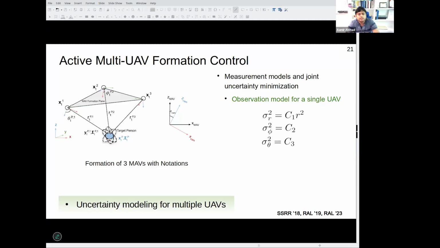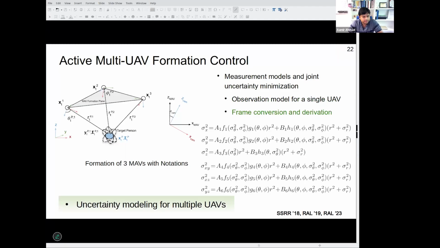And it turns out that we can get a model where the variance in the radial direction, which is towards the target, is proportional to the square of the radial distance to the target from the UAV. And in the bearing and azimuth angles, the variance is approximately constant.